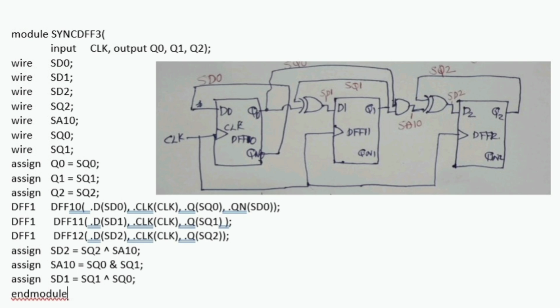Upon execution, we will find the values for SQ0, SQ1 and SQ2, and they will be transferred to Q0, Q1 and Q2 respectively. To get the exact values of the wires, we have a few more equations, that is SD2, then SA10 and SD1. That's all about the program, and hope you have got a very good idea about it.